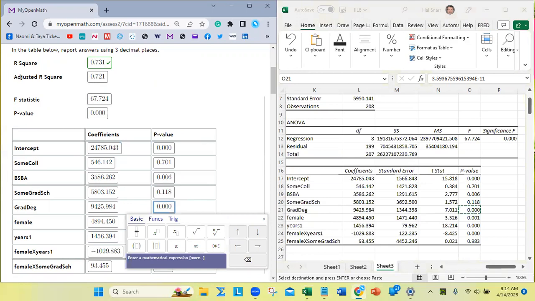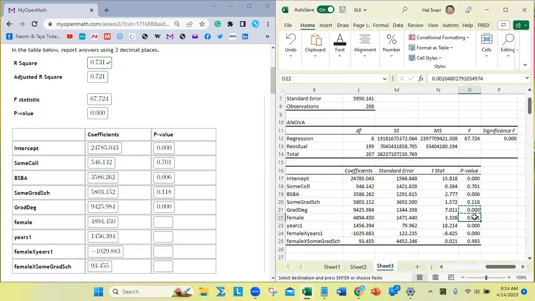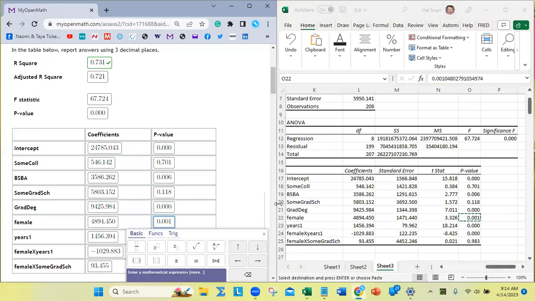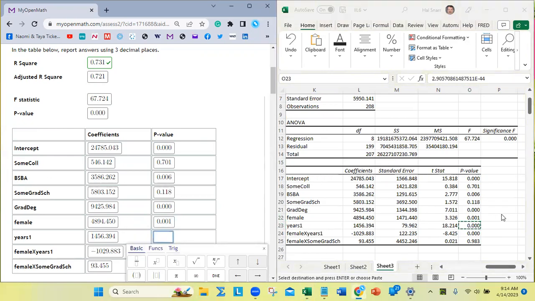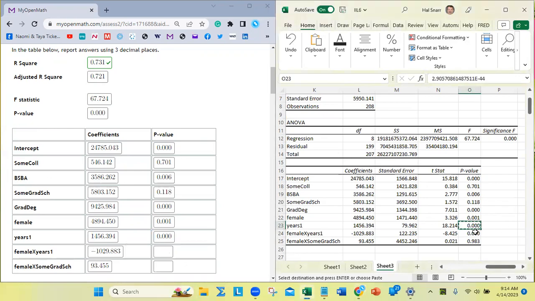Grad degree, though, is significant. So if you graduate from grad school, it looks like you're going to see a bump up in pay. Female is significant. Years at the bank is significant.